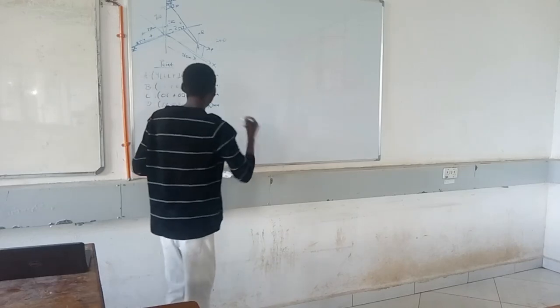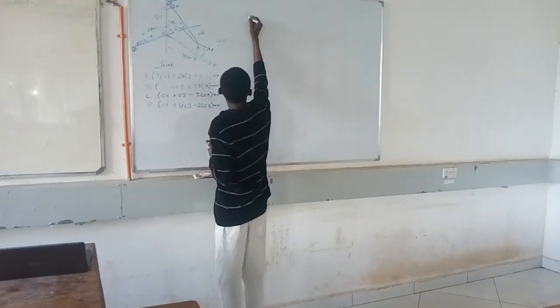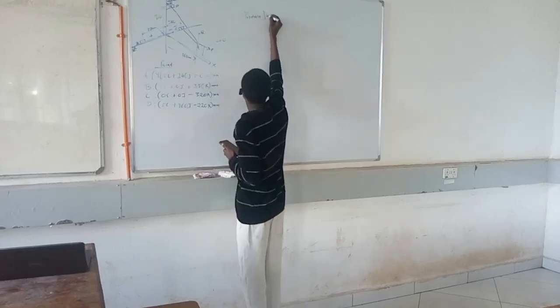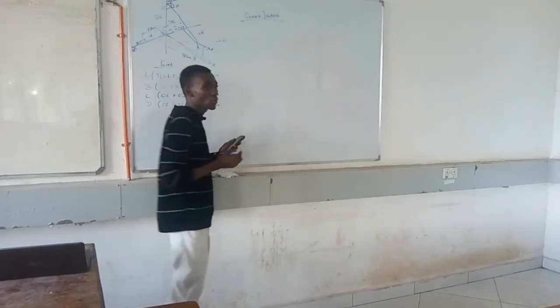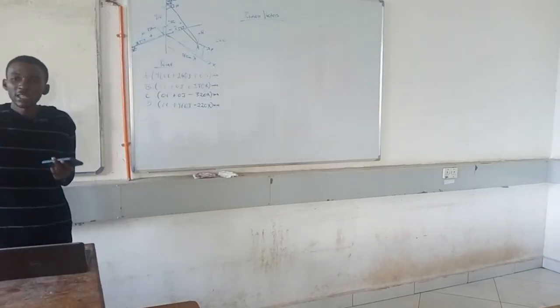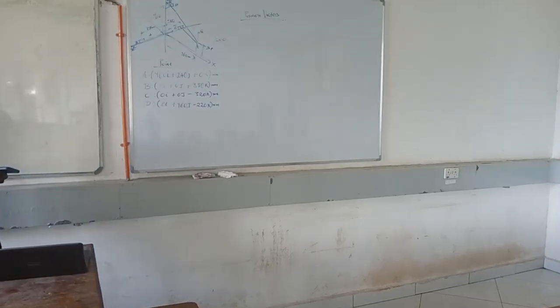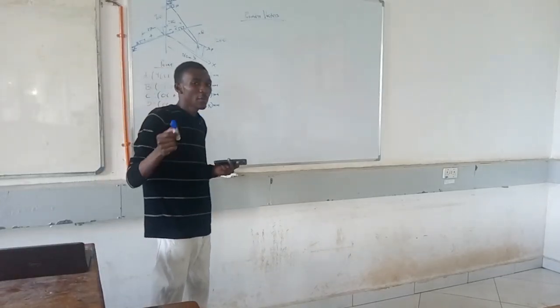So the next step is for us to find position vectors. When we talk about position vectors, these are vectors directed from one point to the other. Position vectors are vectors directed from one point to where?